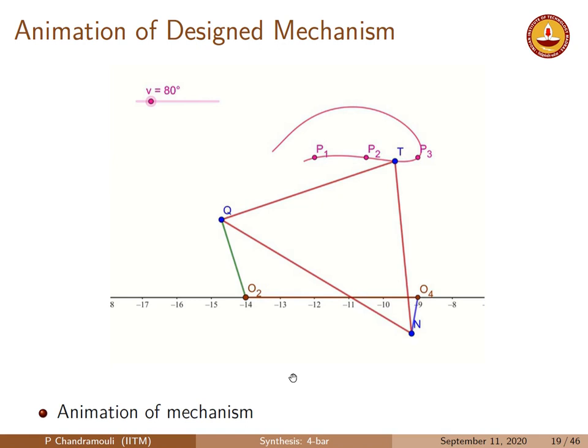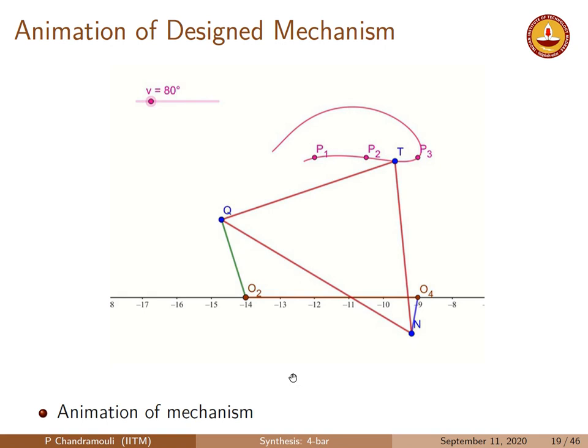So we have done basically 3 precision points. Just to summarize before we move on to rigid body guidance, we have done the coupler, a point on the coupler moving through 3 prescribed what are called precision points, P1, P2, P3. The first case that we did was a general case where we chose O2, O4, the fixed pivots.